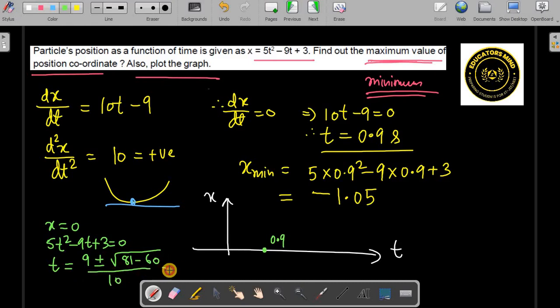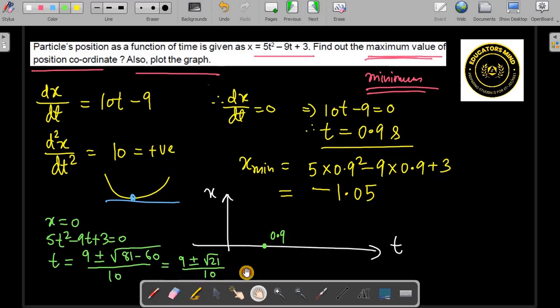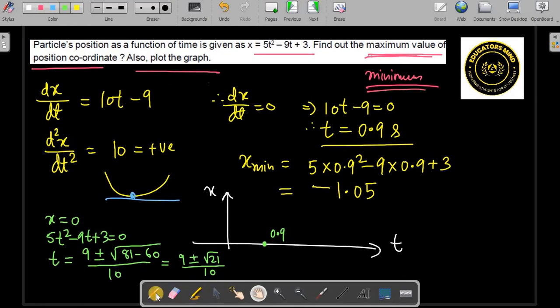So how much does it come? You can check the values. So 9 plus minus root under 21, divided by 10. So this value we have to find out.